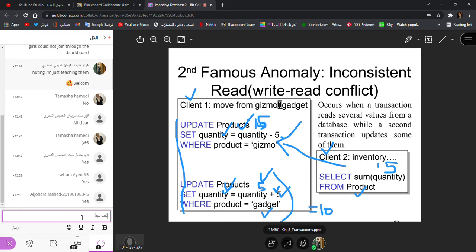Let me show you another thing. Let's take other values because it is a bit confusing here.